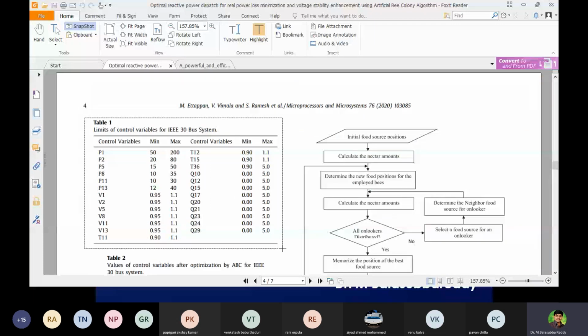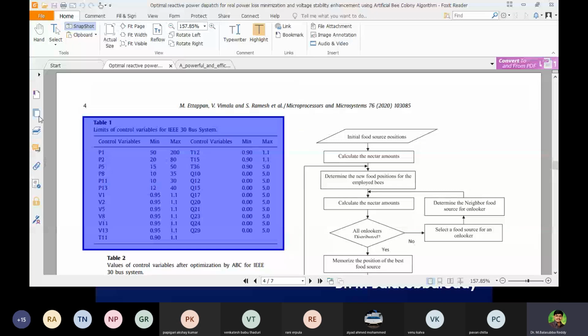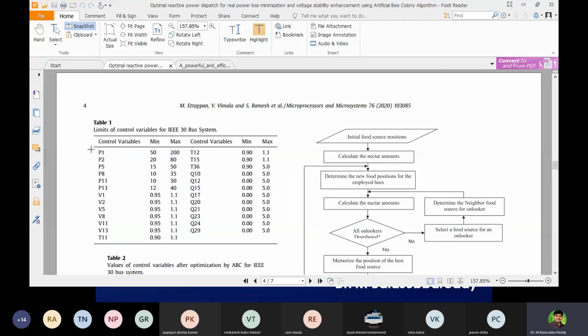You can see here the IEEE 30 bus system. These are the parameters. In this IEEE 30 bus system, you can see there are 1, 2, 3, 4, 5, 6 generators, meaning PG1 to PG13. We call it the real power, how much it has to generate, and these are the voltages.